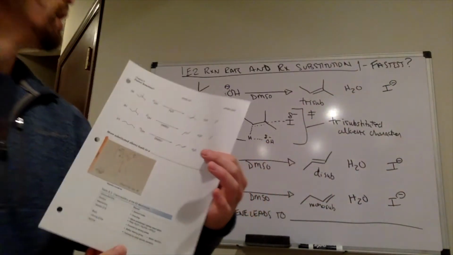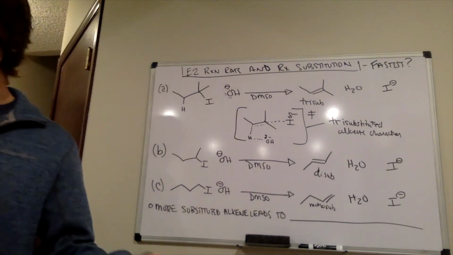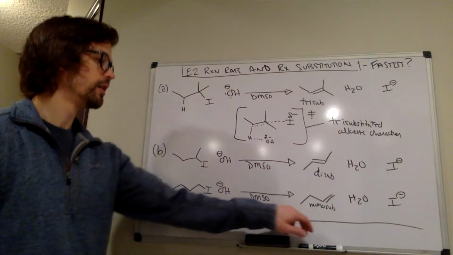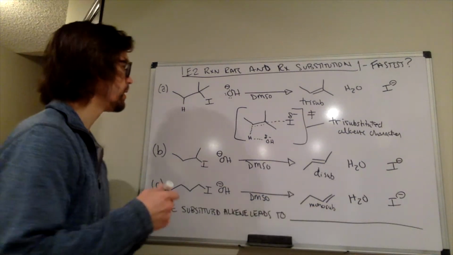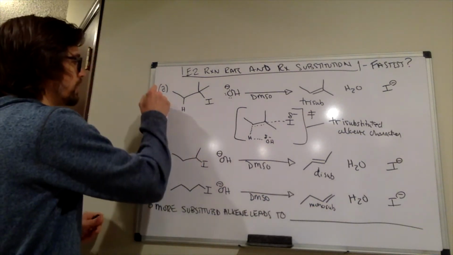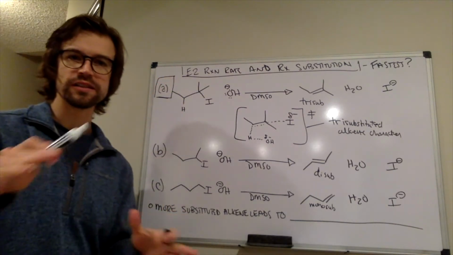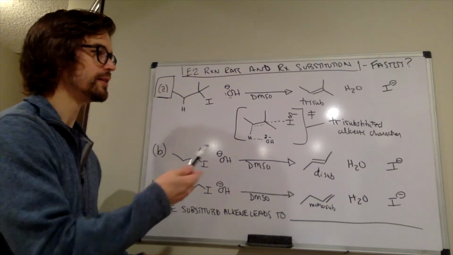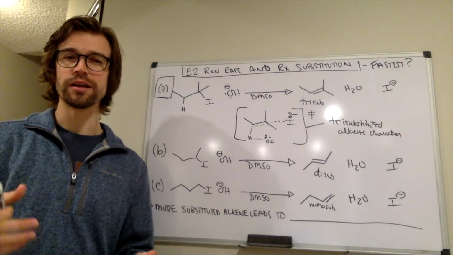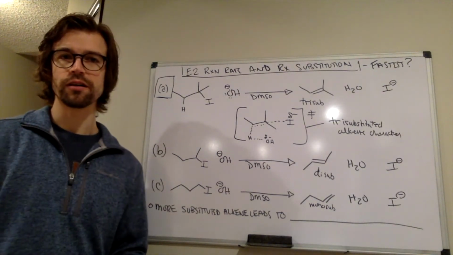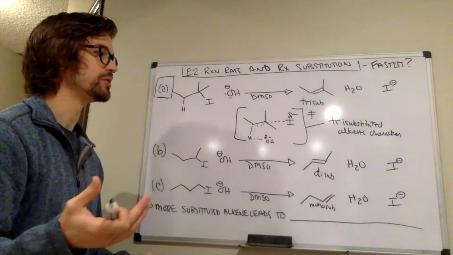So how's that going to relate to the reaction rate? Which did you say was the fastest rate? Hopefully a lot of you got it, and this is usually the thing that people, of all the different things that we've talked about with E2 and rate, find the least intuitive because it is the opposite of SN2. The other ones kind of back up what SN2 says.